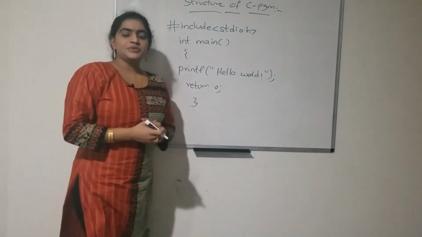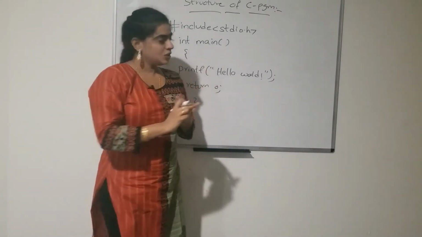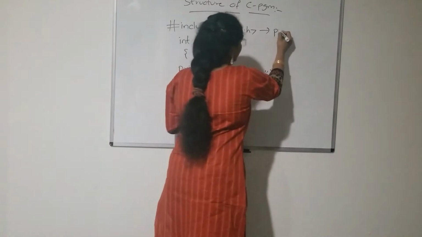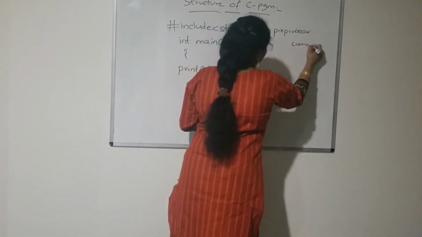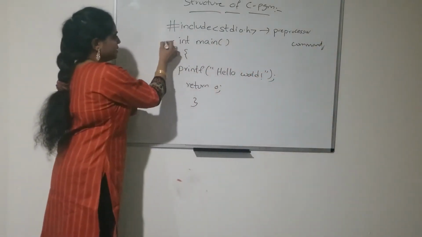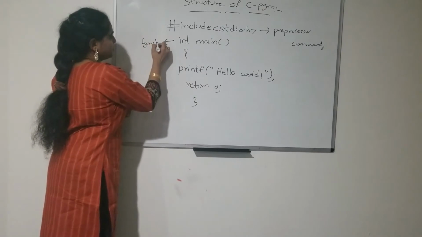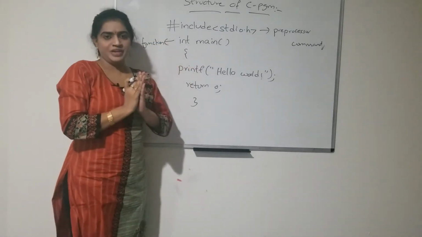So, in the structure of a C program, we have 4 parts. Preprocessor commands. So, this one is a preprocessor command. And next one is the main function, that is functions. And next one is variables. Here in this program, I am not using variables.